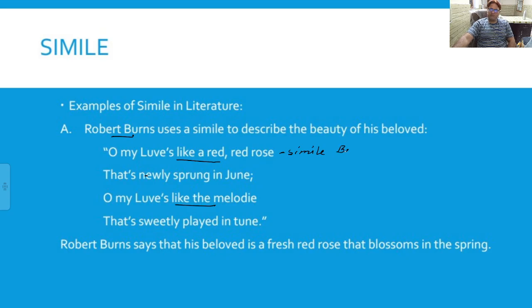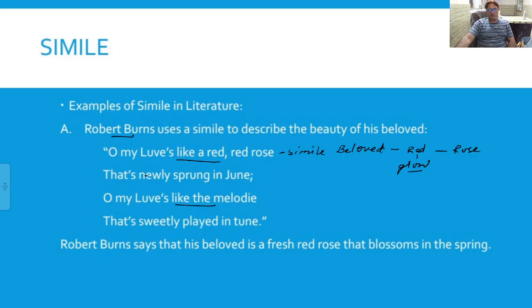My love, that is the beloved. So one is the beloved and another is rose. Now, what is the common feature? Red. And red, I have already told you, is glow.